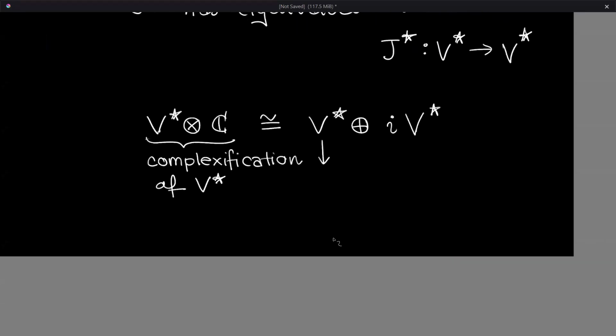Basically, you have one element from V star plus I times another element from V star. This is very analogous to the way that we write complex numbers, which you might say is R plus I R. That would be isomorphic to C.